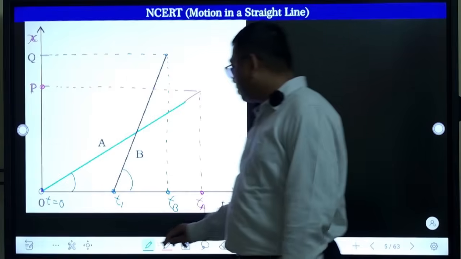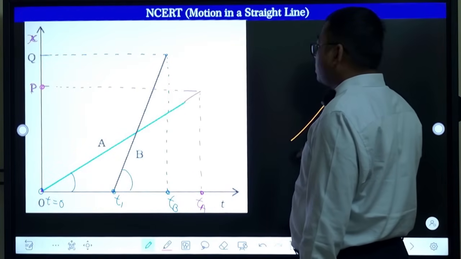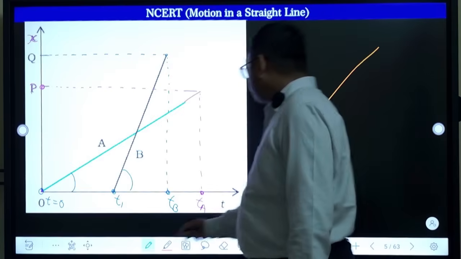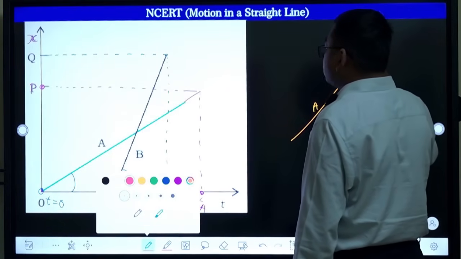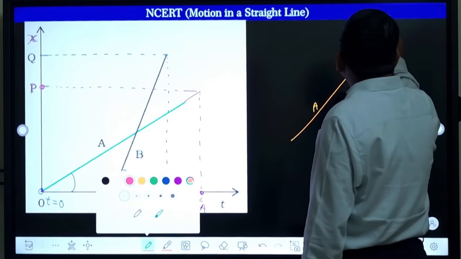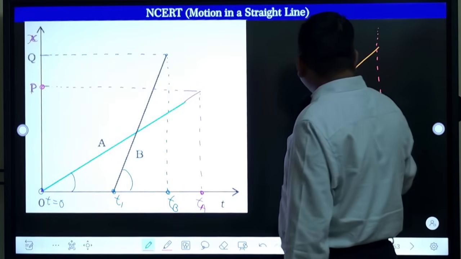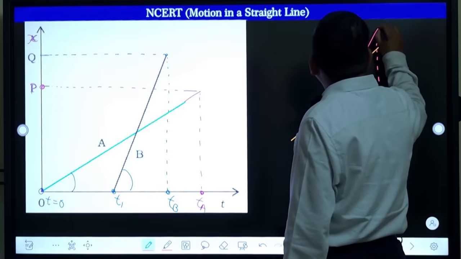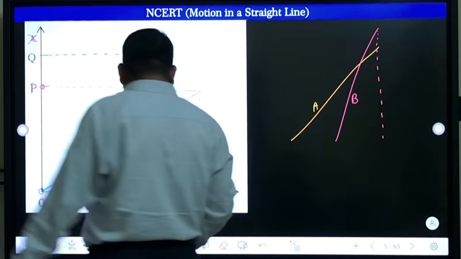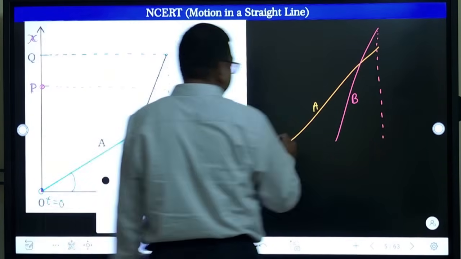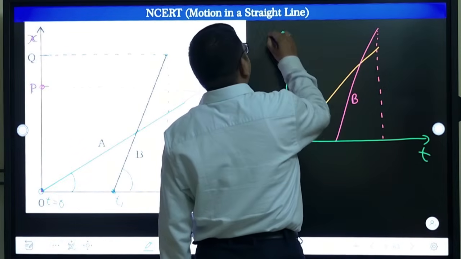For example, I will draw that figure also. Let's try to understand. Suppose this is the figure for A, and another figure for B. B has started here. I assume that it is the same time, so I will draw the same time first. Suppose this is the graph, then in that case it is possible, because this is the time axis and this is the x position axis.